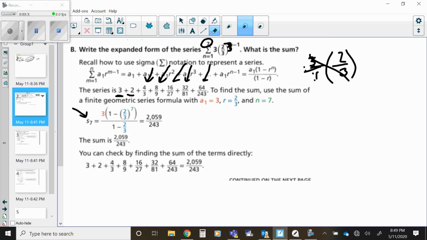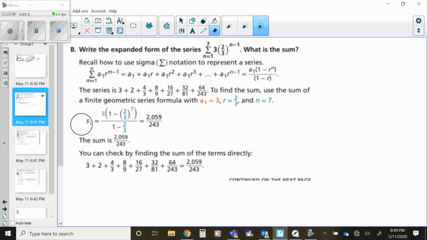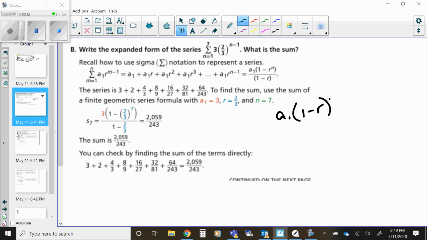And then they checked their work, or they got an easier answer by just plugging into the formula that I showed you up above, which was A1 times 1 minus R to the nth power, all divided by 1 minus R. And that's what they plugged in. You can see A1 is the first term.